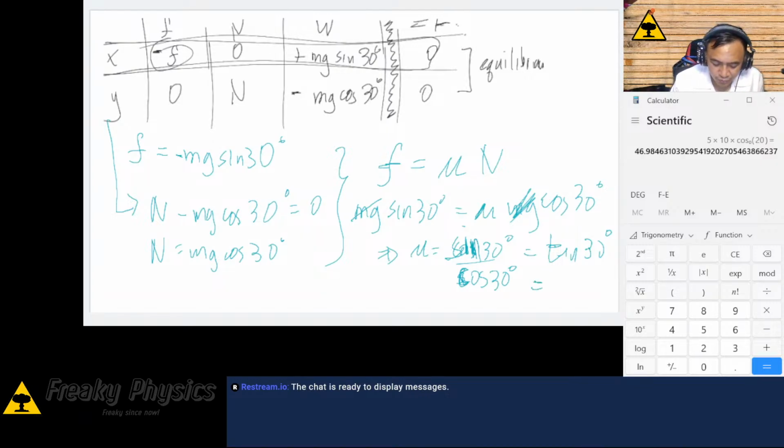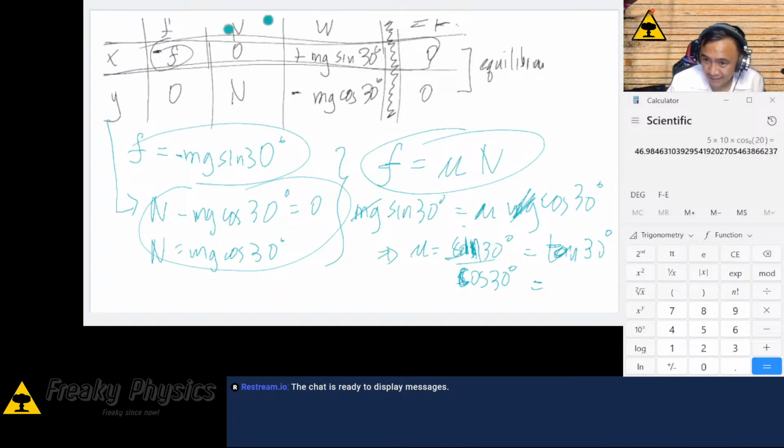You always start with this definition and whatever values you're given here. A lot of the time, not all of the time, you'll end up canceling significant stuff out. In this case, we did. So once we have this, all we have to do now is find the tangent of 30 degrees.